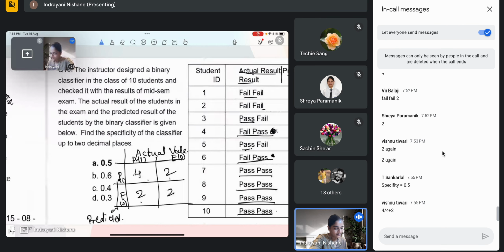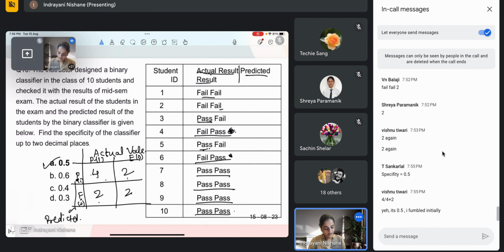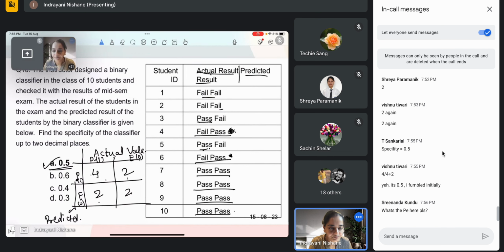This is the correct answer, 0.5. PE is not asked here, but we can calculate PE. PE is the expected agreement, where we add the correctly classified positives and correctly classified negatives, so positive-positive and negative-negative.